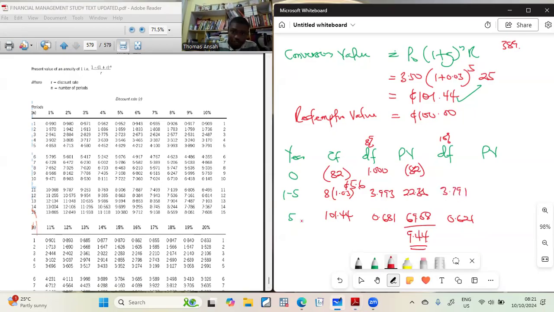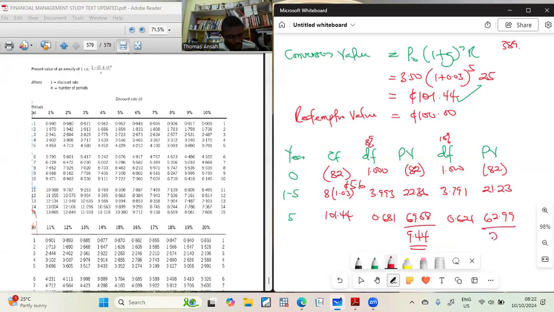So my 5.6 will be multiplied by 3.791, and that is 21.22, or 21.23 rounded, minus 82. Then 101.44 multiplied by 0.621 is 62.99. So if I now add 62.99 to 21.23 minus the 82, I'm having 2.22.